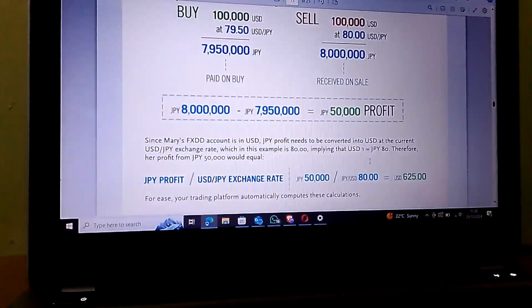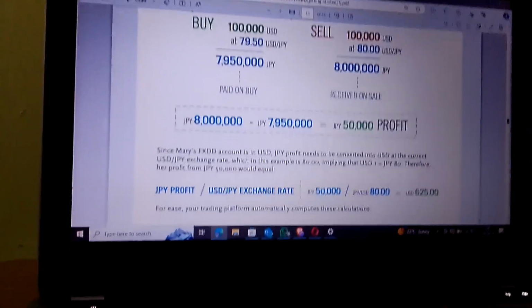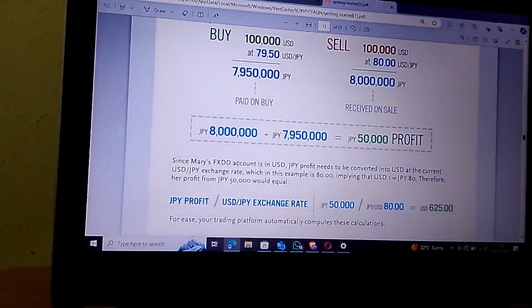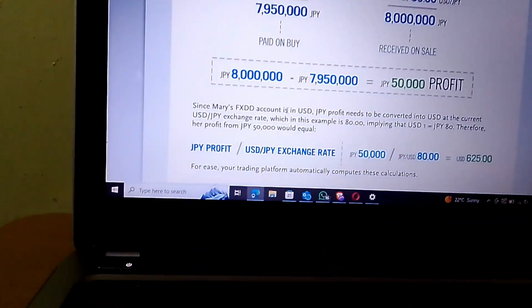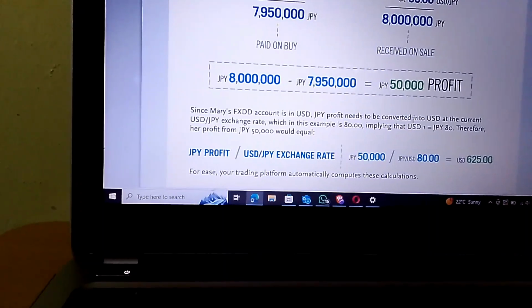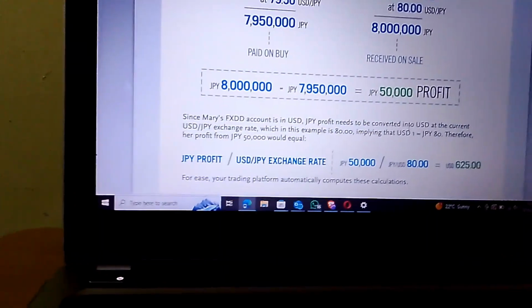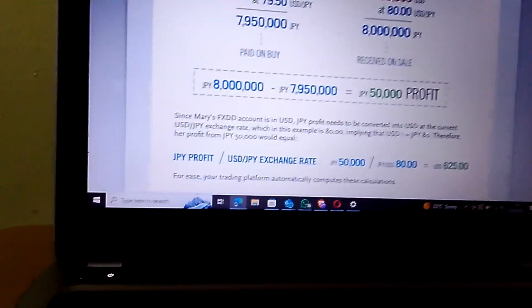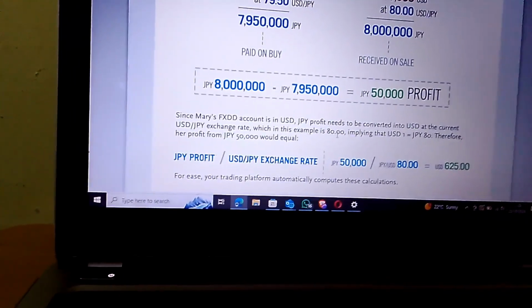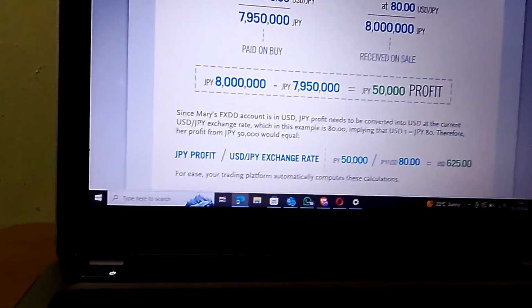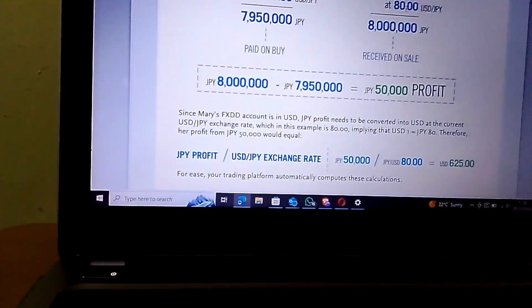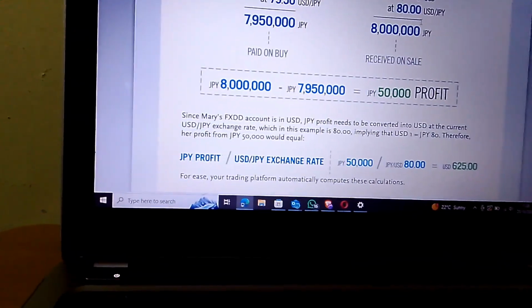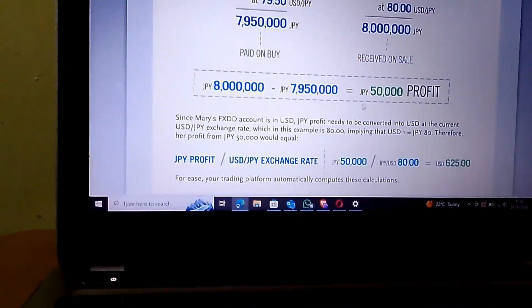But now this is in Japanese yen. Since Mary's FXDD account is in USD, the JPY profit needs to be converted into USD at the current USD/JPY exchange rate, which in this example is 80, because she's selling it at 80. When she sold it, that's when we calculate the profits.